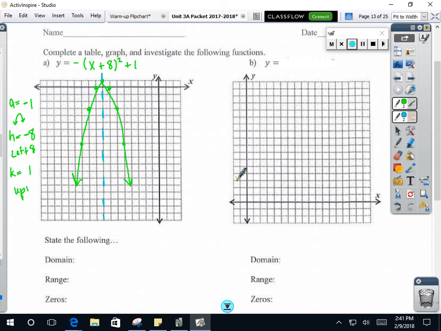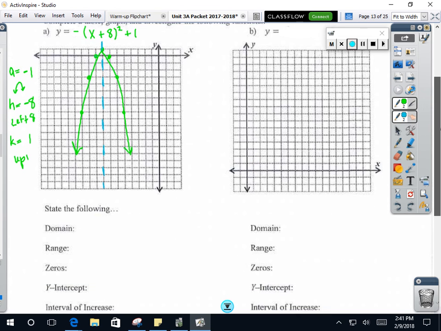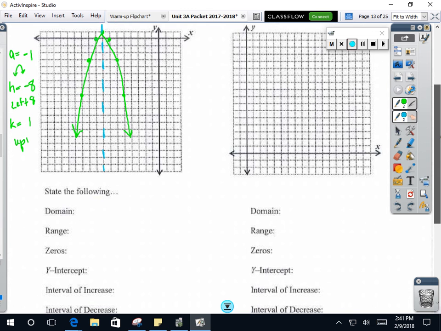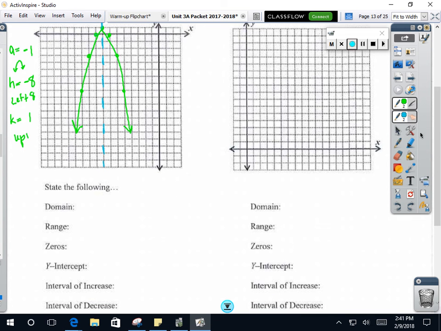Okay, now that we have it sketched, we are going to answer some questions about it. Okay, here we go. When you hear the word domain, what do you think of? X. Now remember, the x-axis runs in two directions, left and right. When you list the domain, first you list left, then you list right.